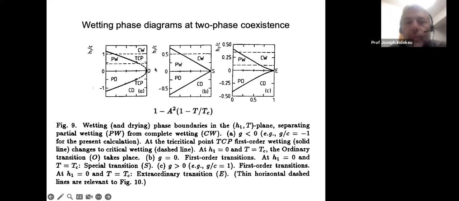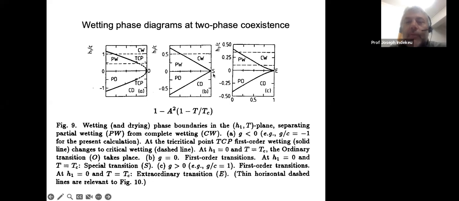They have nothing to do with wetting, but they have to do with the conditions at the surface when the bulk is critical. So the extraordinary transition means that the surface couplings are enhanced and the surface is capable itself of an order-disorder transition, although the bulk is disordered. The special transition is the coincidence of bulk criticality and surface criticality.